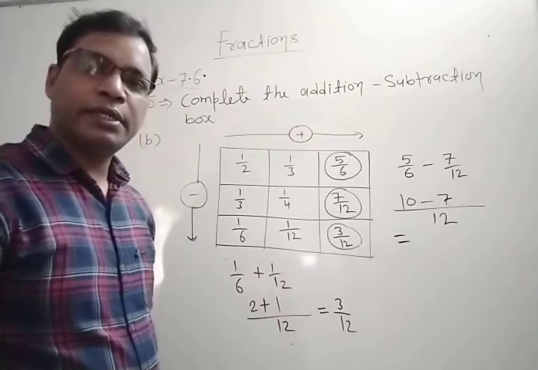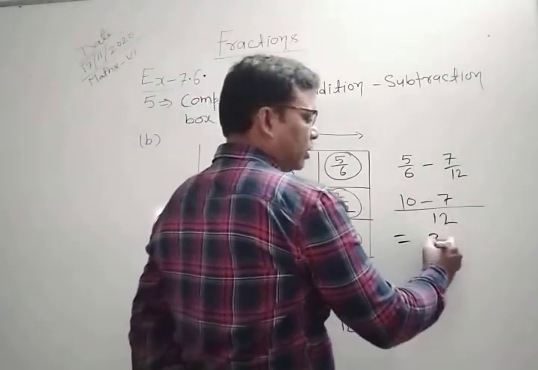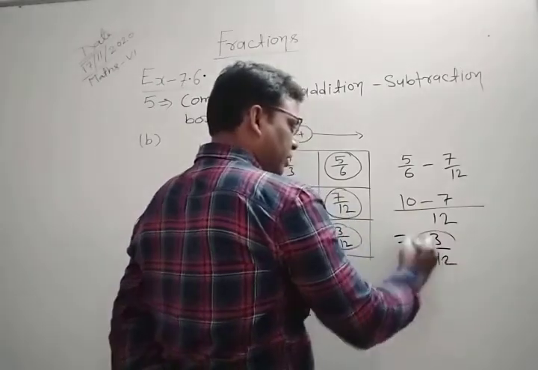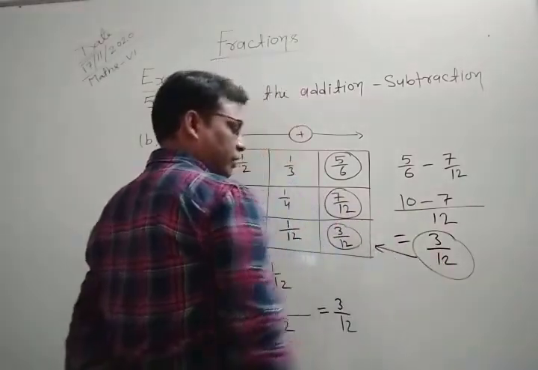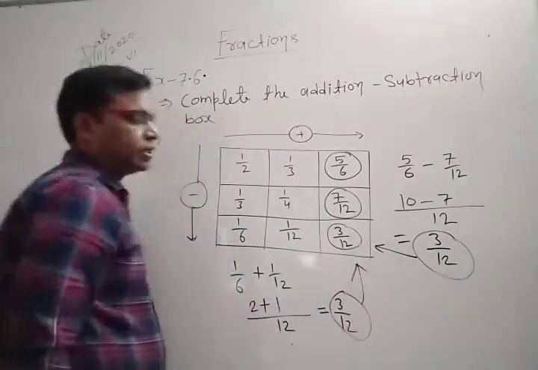If you subtract 7 from 10, you obtain 3. So 10 minus 7 is equal to 3/12. You can see this is equal to the other result as well. In both ways, we find the same result.